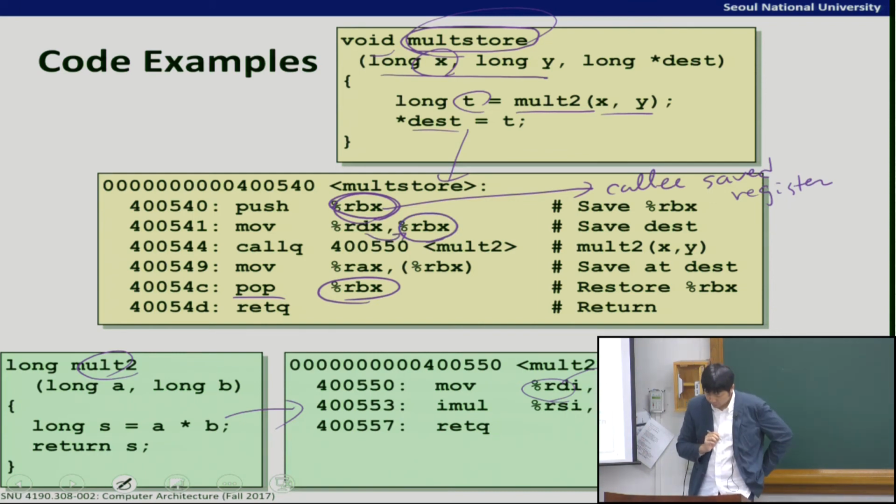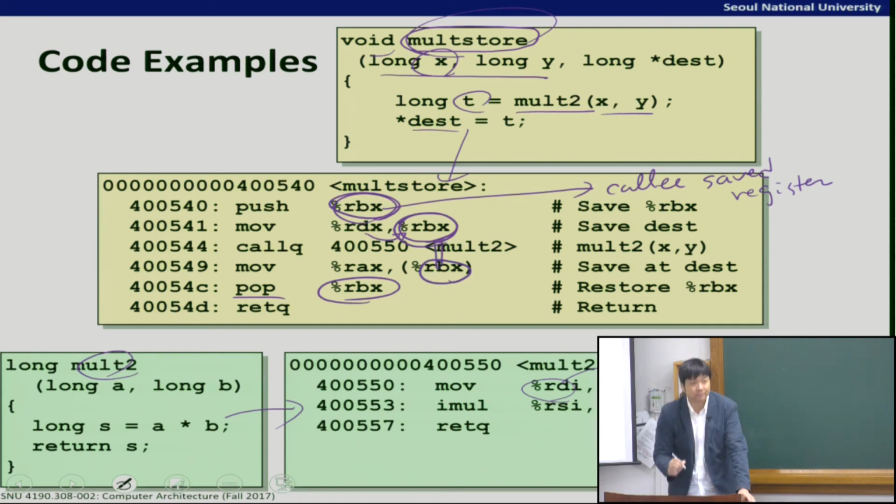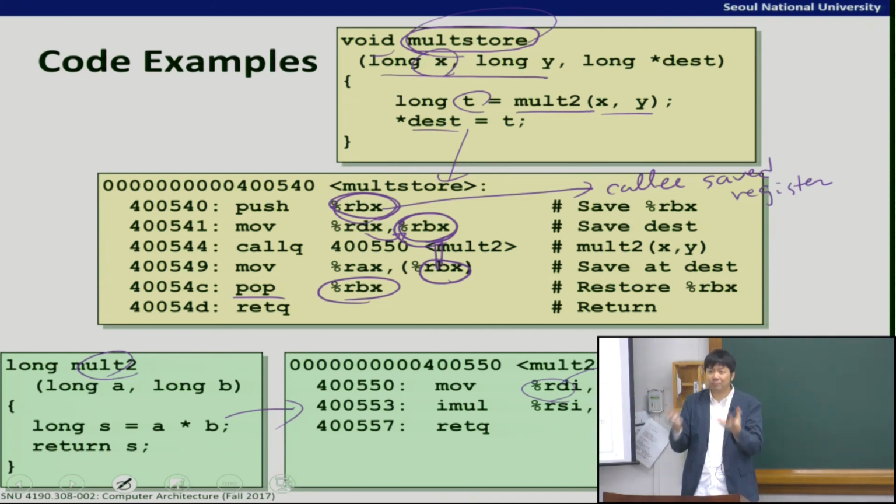Because RBX is a callee saved register, we know that this value of RBX and this value of RBX will always be the same. It's the callee's responsibility to not break the original value, right? So if you put this value into RBX, we know that it will be preserved across this function call. These two values will be exactly the same, right?